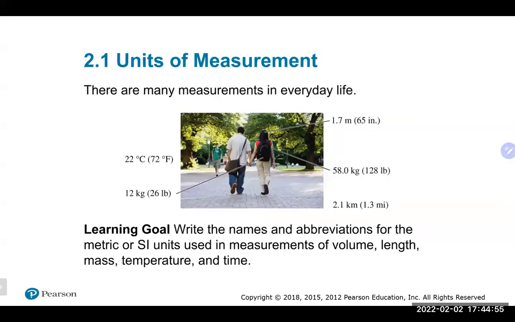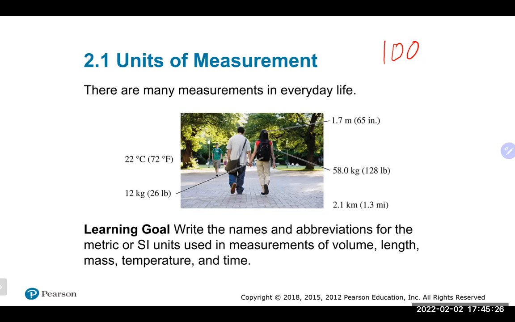All right, so obviously units are extremely important. And whenever we take any type of measurement, it's always really important to not just have a number, but it should have some type of unit that's associated with it. For example, if I just write 100, what does that really mean? The 100 is a number. It doesn't really give us the reference for us to understand what it means.